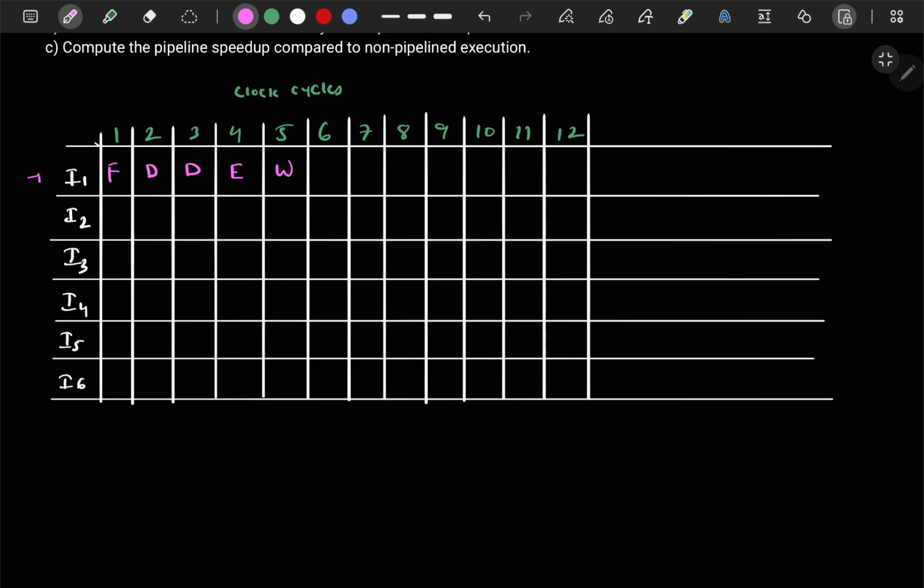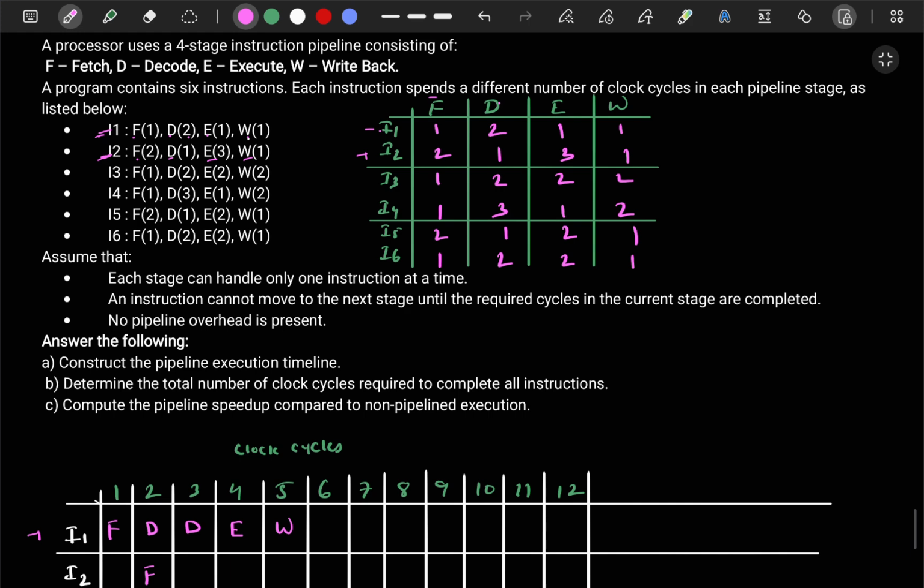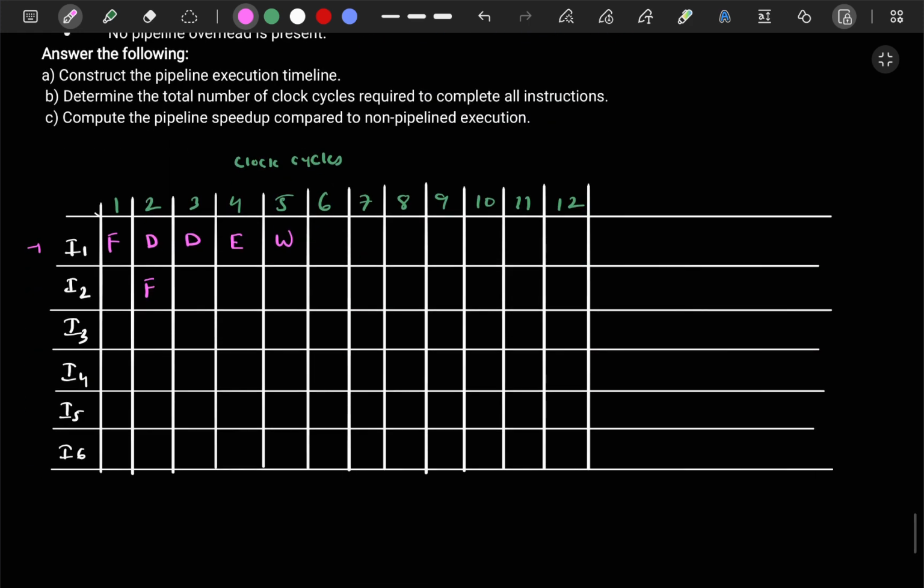So you have to start fetch at the second clock. Now how many cycles is it taking for fetching? 2 cycles, so you have to write it 2 times.